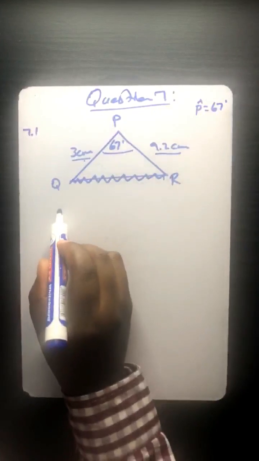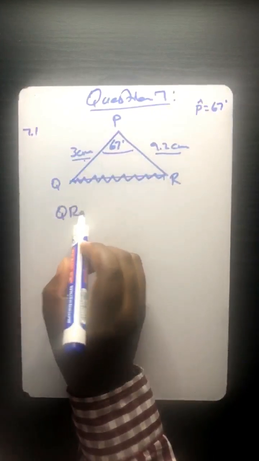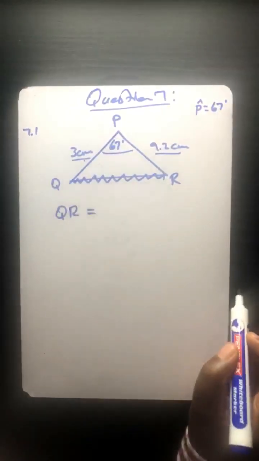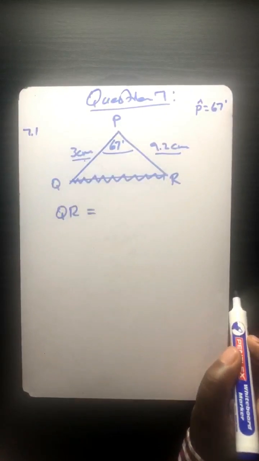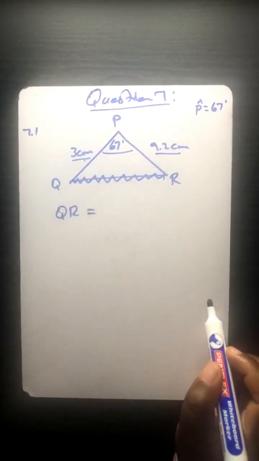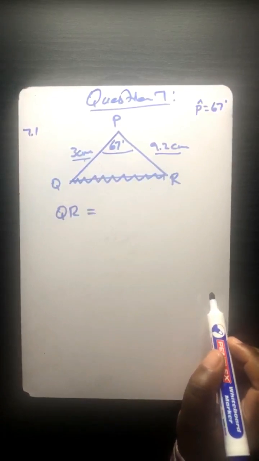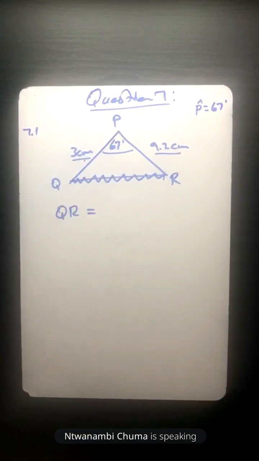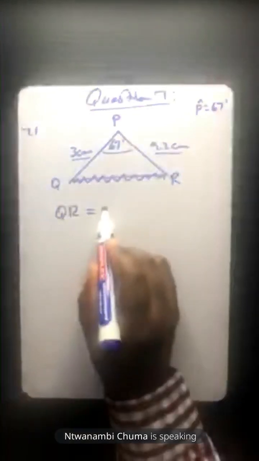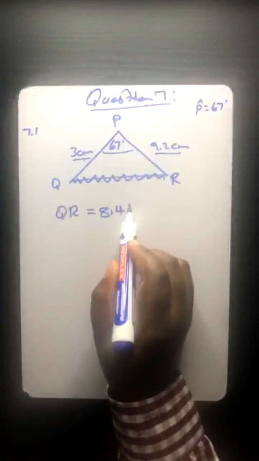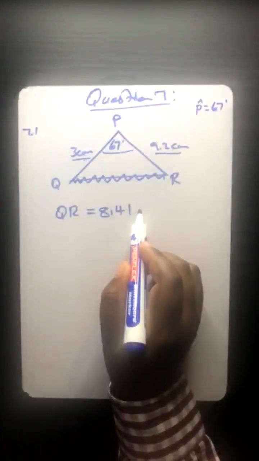Whoever calculated it, what is that side QR? What answer did you get on that one? 8,41 meters. 8,41 meters.